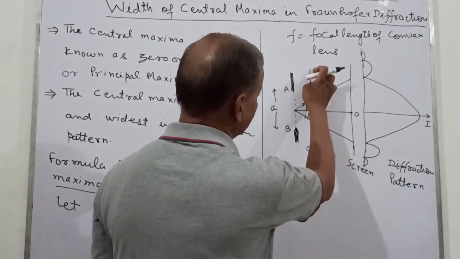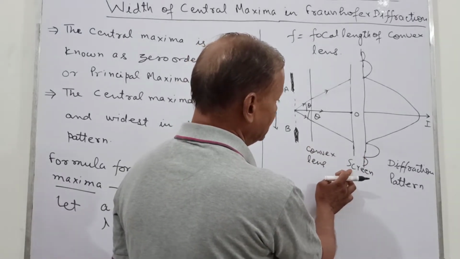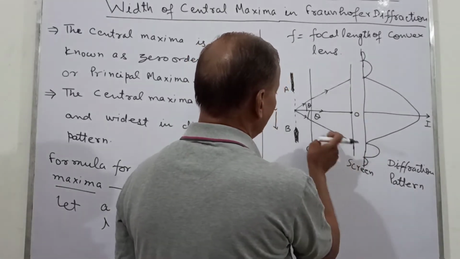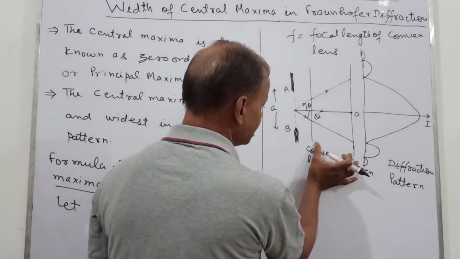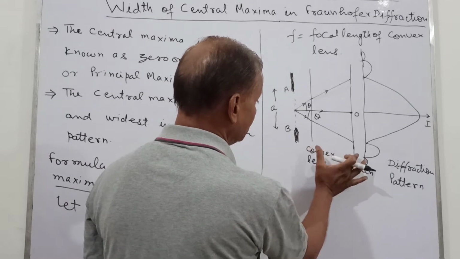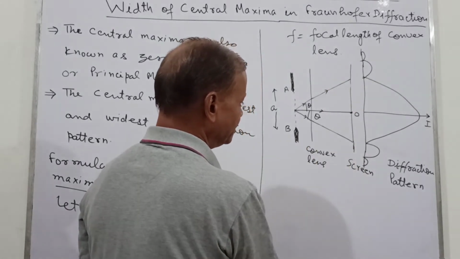And this is the lens. And this is the focal length, because this screen is always at the focus of this lens. So this distance is also equal to the distance between the slit and the screen.